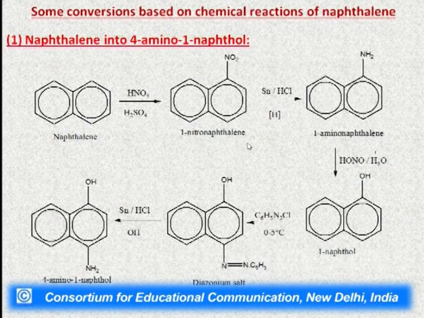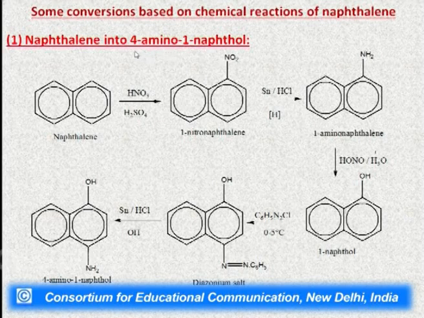This 1-nitronaphthalene on reduction with tin and hydrochloric acid will give us the amino derivative, 1-aminonaphthalene, which on reaction with nitrous acid, this amino group will be substituted by the hydroxyl group, and we will get the 1-naphthol.